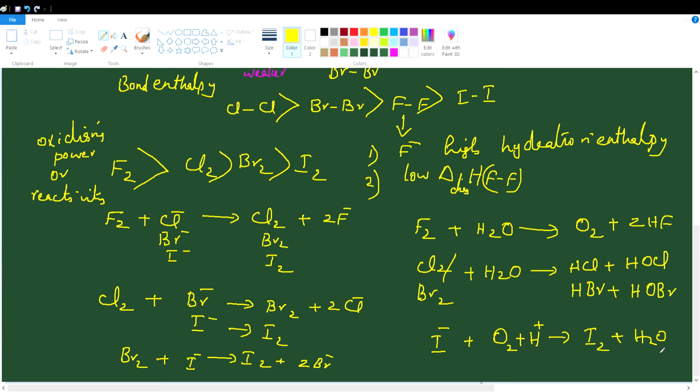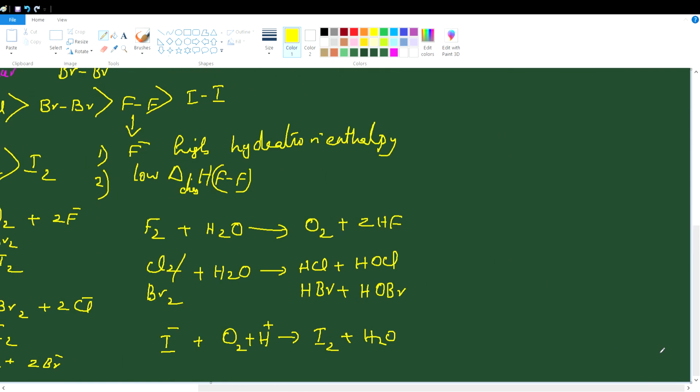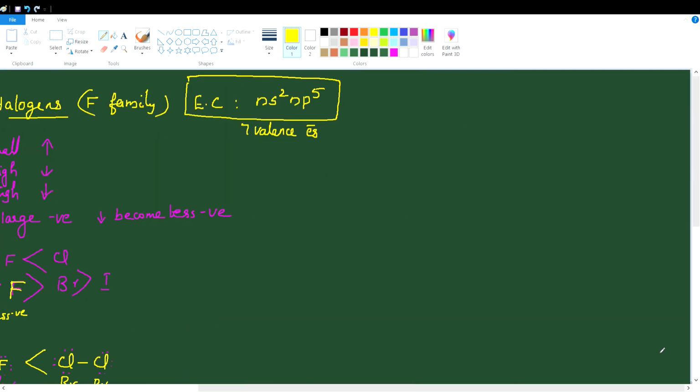Anomalous behavior of fluorine. Fluorine, the first member, with smallest size, highest electronegativity, highest ionization enthalpy, less negative electron gain enthalpy, and weak dissociation enthalpy, shows anomalous behavior. Its electronic configuration is 2s2 2p5.